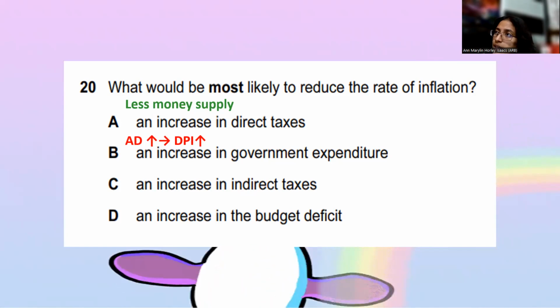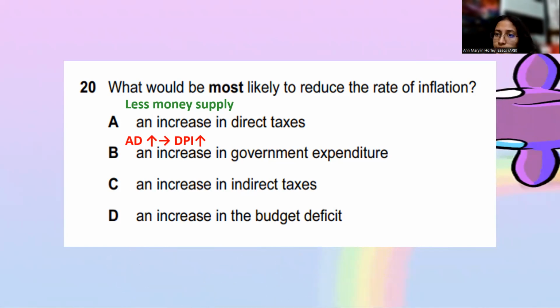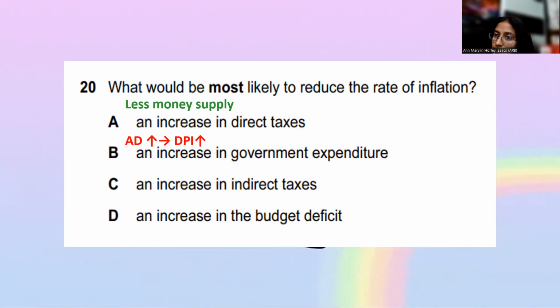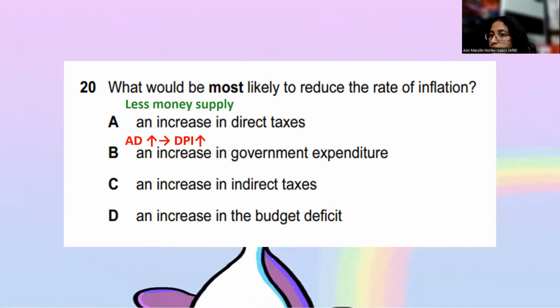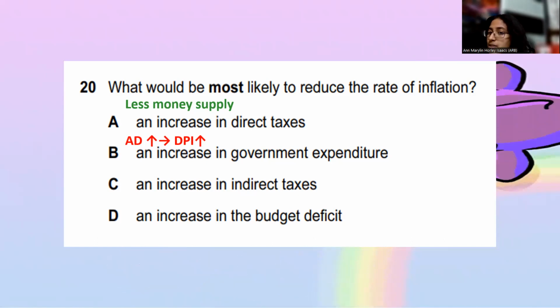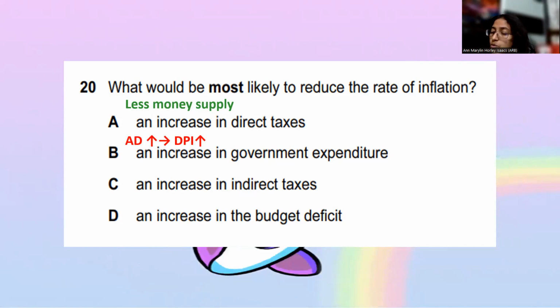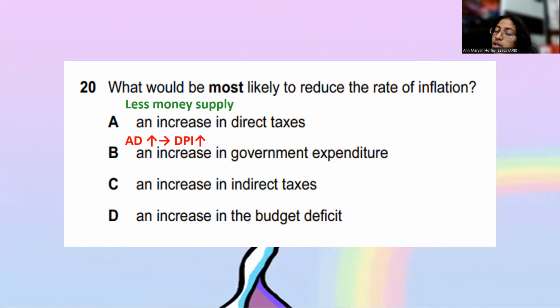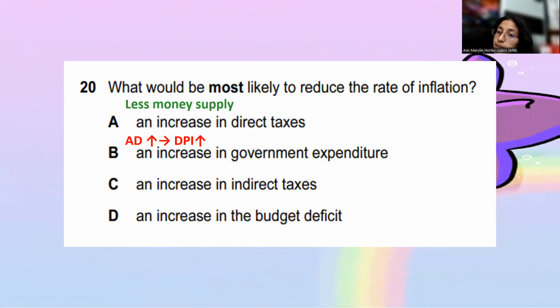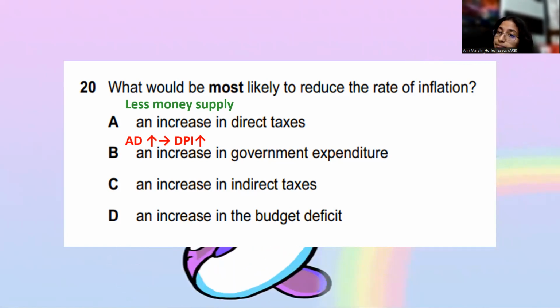You go and stay in a hotel, you are charged a service charge. Any of those taxes add to your bill, which pushes up the final price you're paying. So you could have paid 15 ringgit at KFC, but now you end up paying 20 ringgit because of the tax imposed on you, isn't it? So the final price is being pushed up.